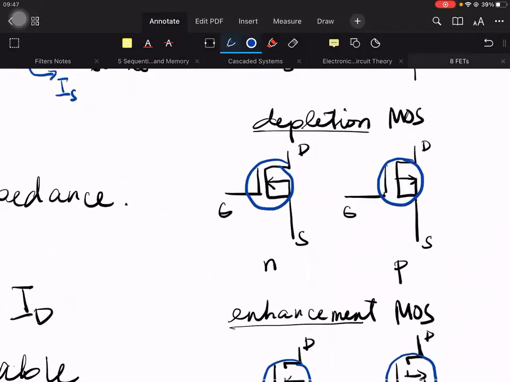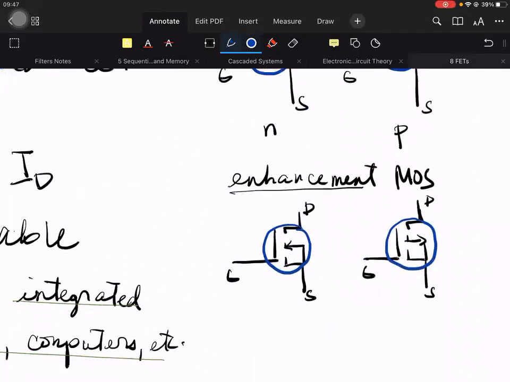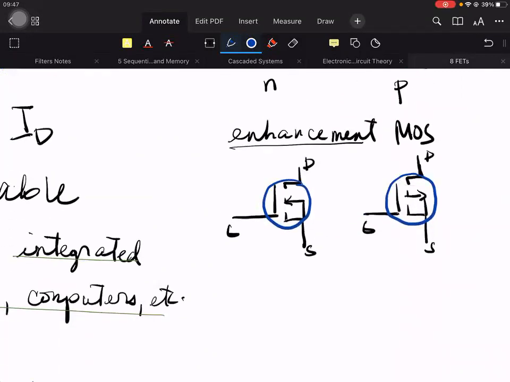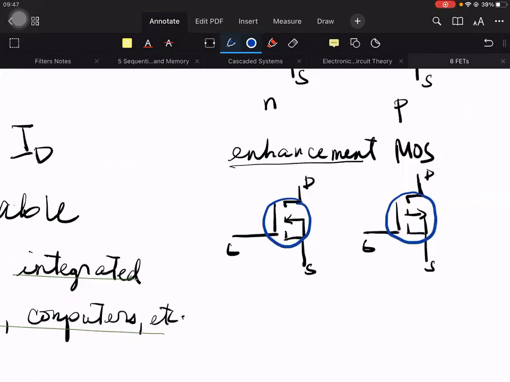Because the MOSFETs are not very common, we'll skip the D MOSFET. And for the E MOSFET, of course, we'll only focus on the N-channel E MOSFET.